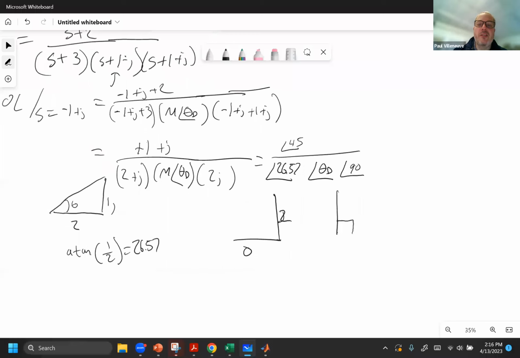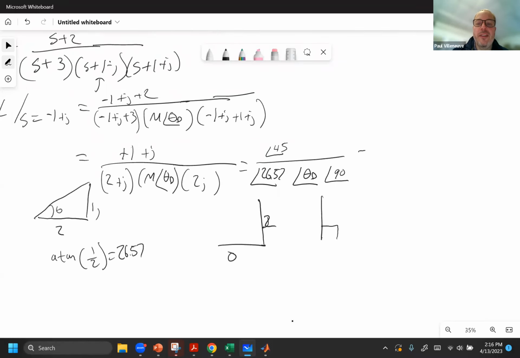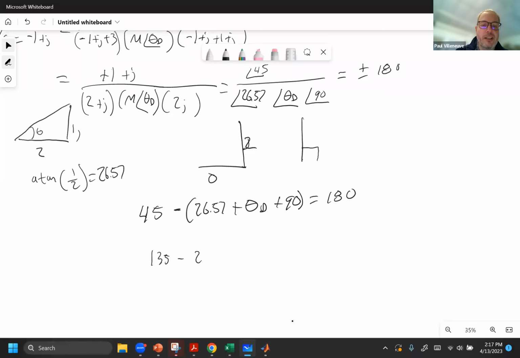Okay. So now I know that this has to equal plus or minus 180 degrees to be valid. So it's 45 minus 26.57 minus theta d minus 90 is going to be equal to, let's just call it the plus 180 to start out with that. So continuing on, let's see, 45 plus 90 is 135 minus 26. Oops, this is plus and plus. Sorry about that. Do that again.